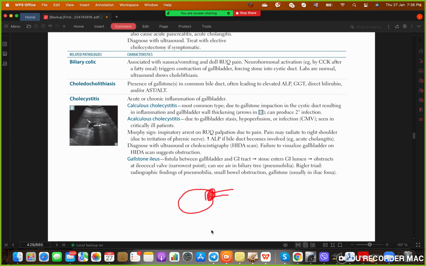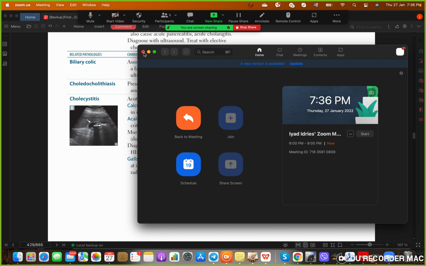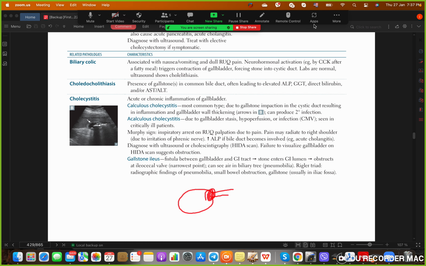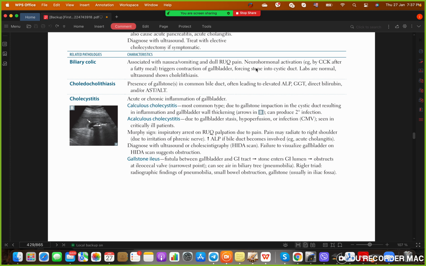When the cholecystokinin is high, what will happen to the gallbladder? Contract, yes. And when it contracts against this blockage, what will happen to the patient? The answer is pain. So they're right. Neurohormonal activation by CCK after a fatty meal triggers contraction of the gallbladder, forcing the stone into the cystic duct, which is quite painful.